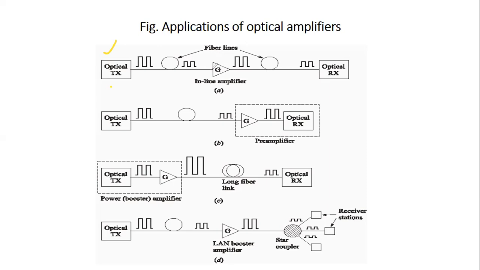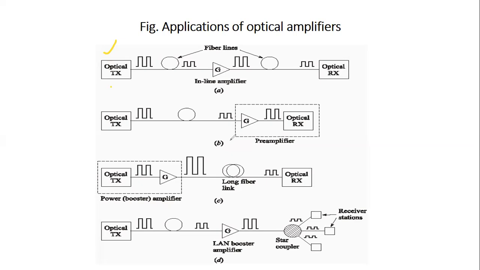This will amplify the optical signal, and that amplified signal reaches the optical receiver. So basically this inline amplifier is used to compensate transmission losses and increase the distance between the regenerative repeaters in case of long distance communication.